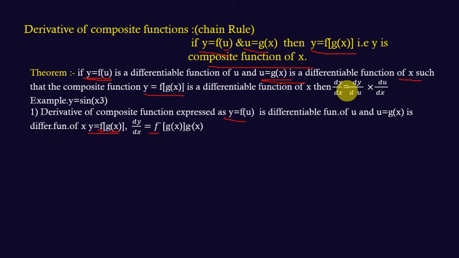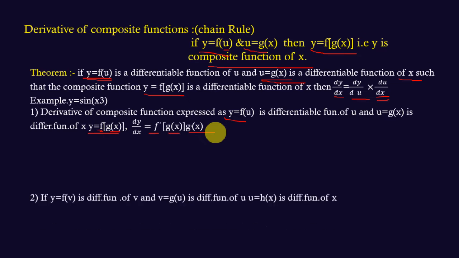That is the same thing as dy by dx is equal to dy by du into du by dx: y is a function f of u, its derivative is f dash with u equal to g of x remaining as it is, into du by dx, the derivative of g of x, which is g dash of x.